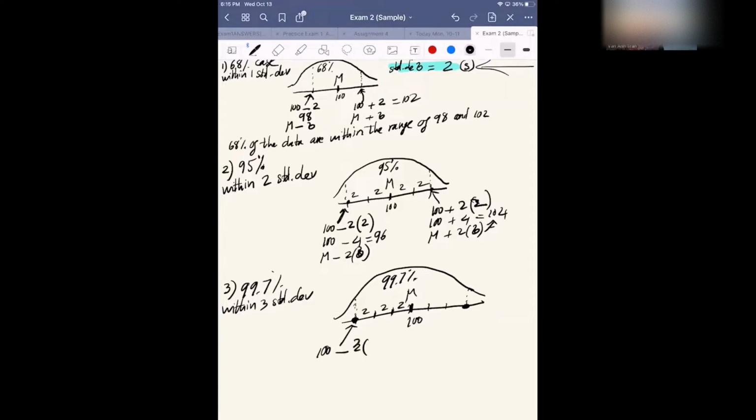I mean 3 times what? 3 times the standard deviation. Is that right? You move to the left 3 times. And 3 times of what? 3 times of the standard deviation, which is 2. So that means that is 100 minus 6, which is 94. Okay. All right.